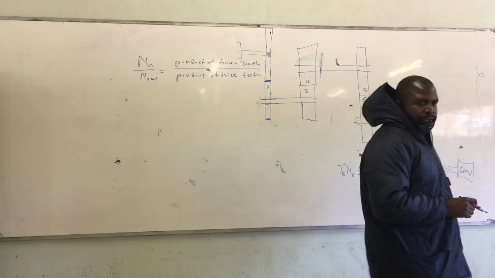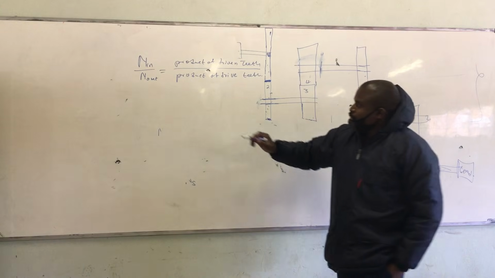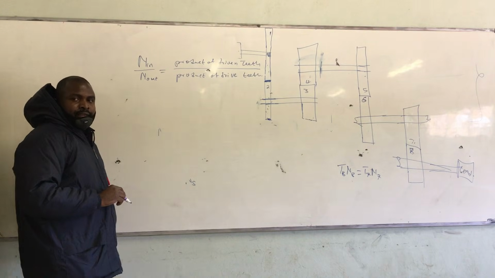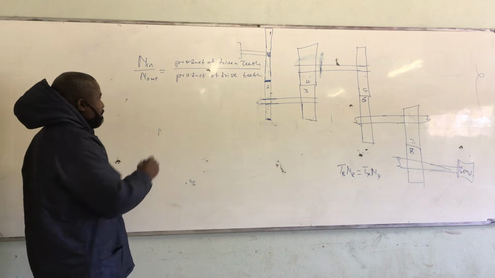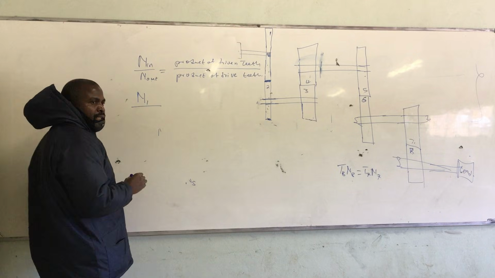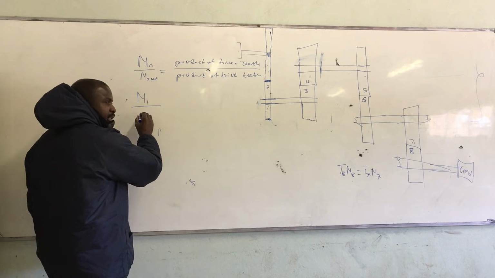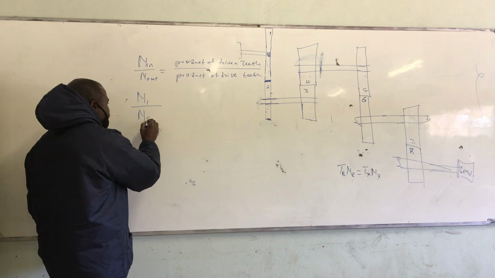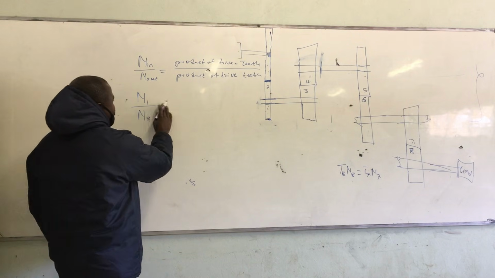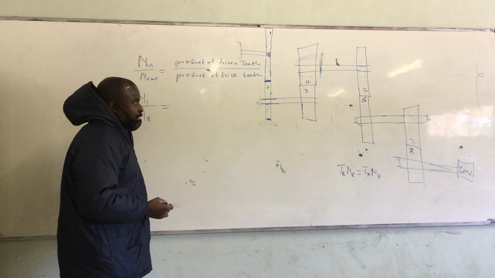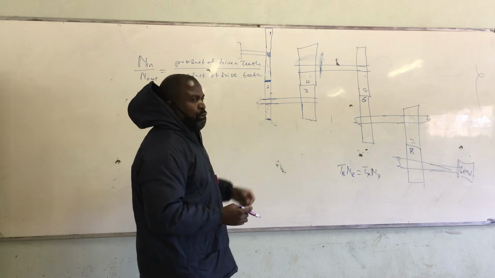So when we talk about which one is our input speed, which gear? It's N1, yes, N1 over N8. So this one is the product of driven. Between gear 1 and gear 2, which one is the driven gear?